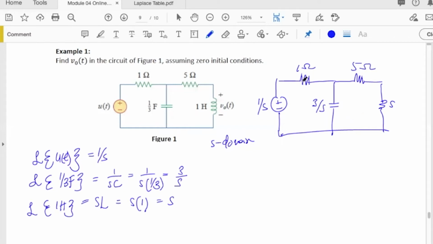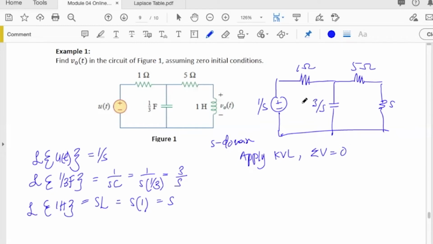Once we have this circuit represented in the S domain, we can apply our analysis. In this case, we can apply KVL. What is KVL? KVL states that the total of the voltages inside our mesh or loop is equal to 0.